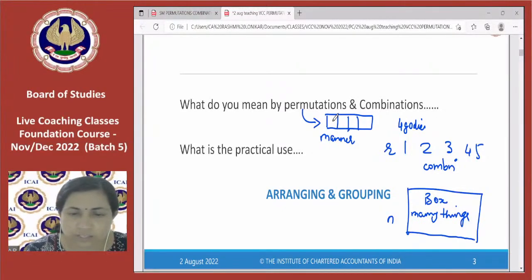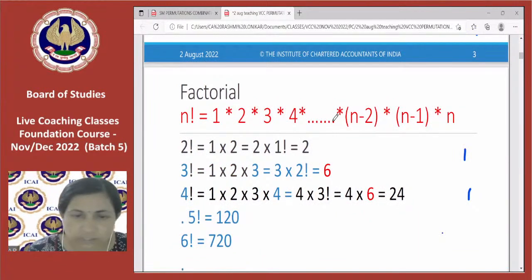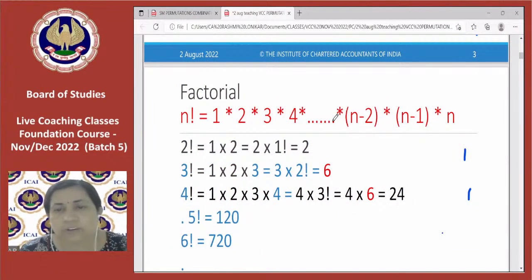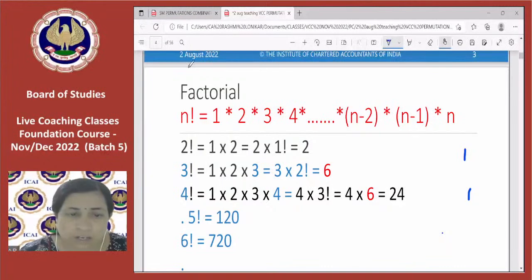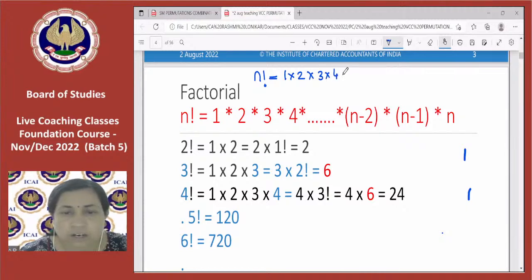Now let us go to the first important thing when we are talking about permutation and combination: we must understand the concept of n factorial. n factorial is 1 into 2 into 3 into 4, and I must keep multiplying till I reach n.